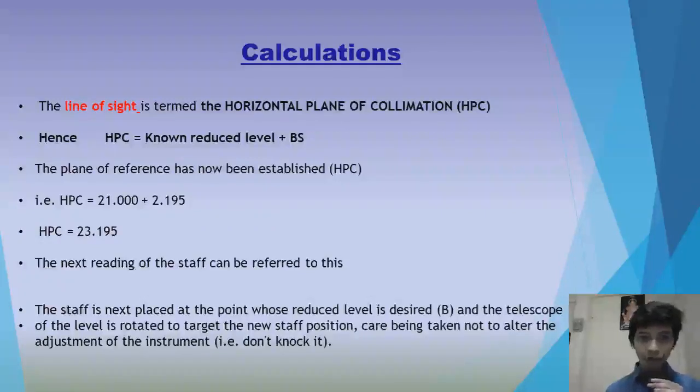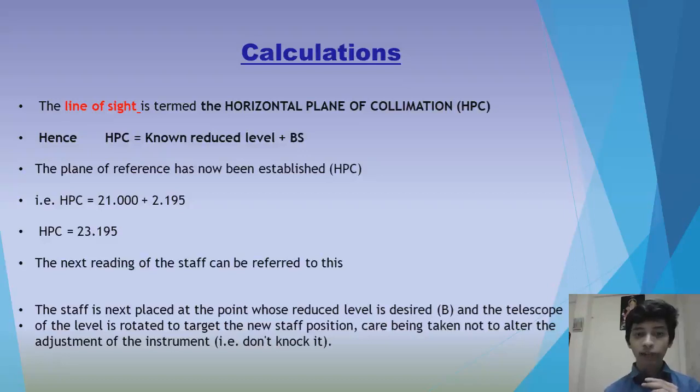The plane of reference has now been established, HPC. HPC is equal to 21.000 plus 2.195. HPC is equal to 23.195. The next reading of the staff can be referred to this.